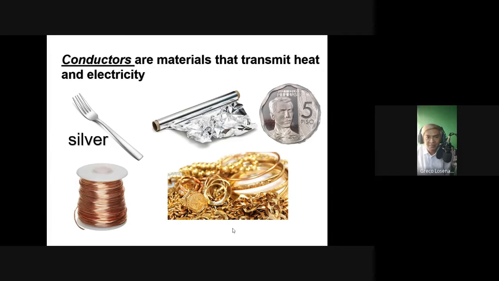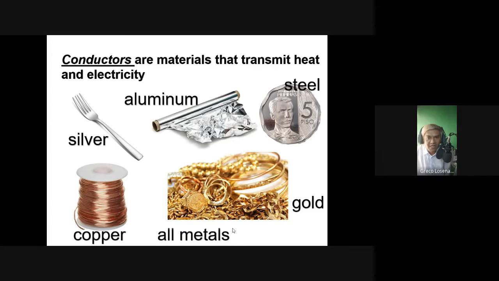So these materials are made out of silver, aluminum, steel, copper, and gold. And all of these materials are made out of metal, wherein metals are considered to be good conductors of heat and electricity.